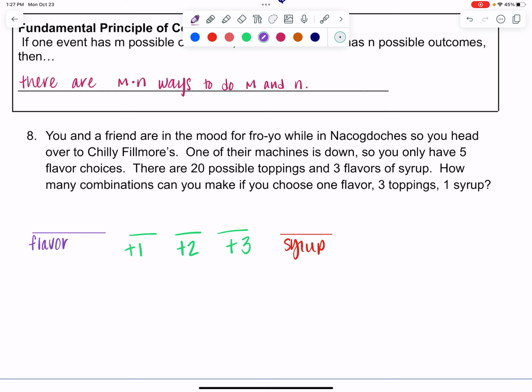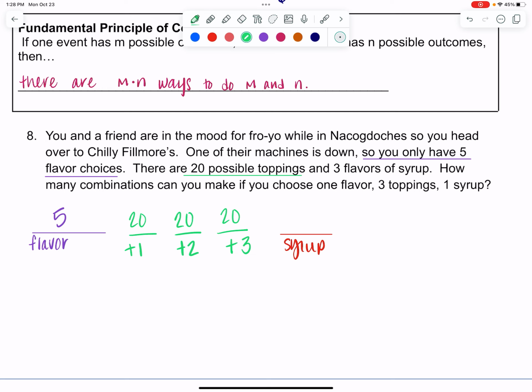Well, they only have 5 yogurt flavor choices right now. So there are 5 ways to choose a flavor. Now for my first topping, I have 20 ways to pick the first one. For the second one, it doesn't say I can't repeat. So I still have 20 options for the second topping, and I still have 20 options for the third topping.